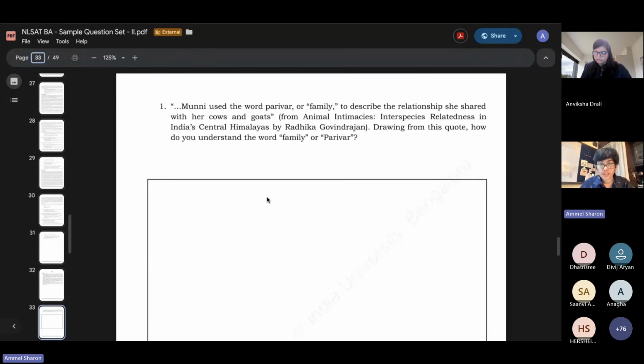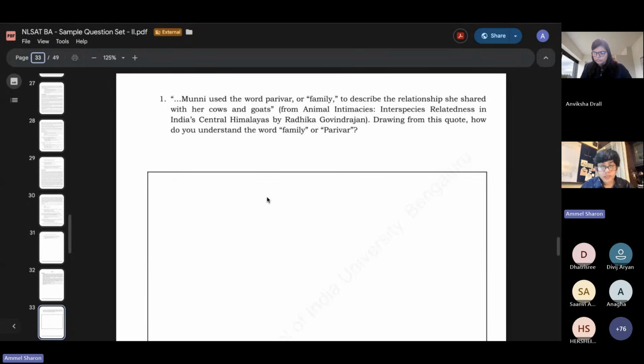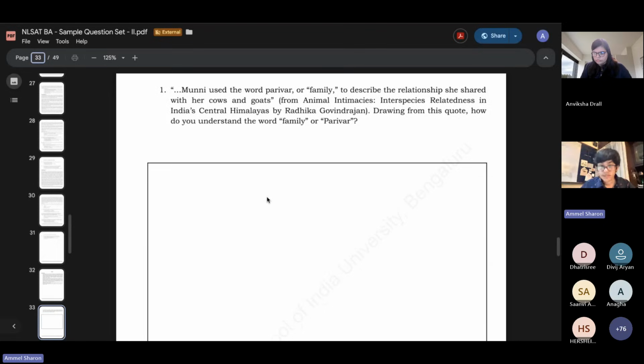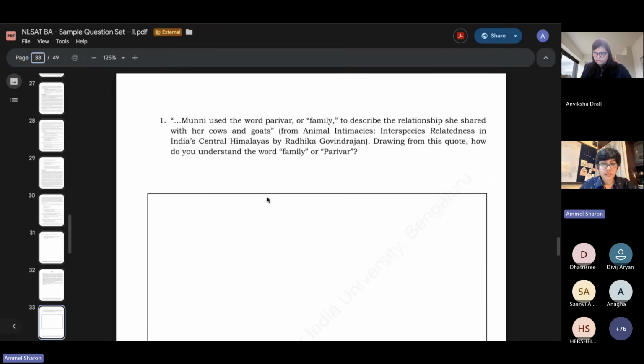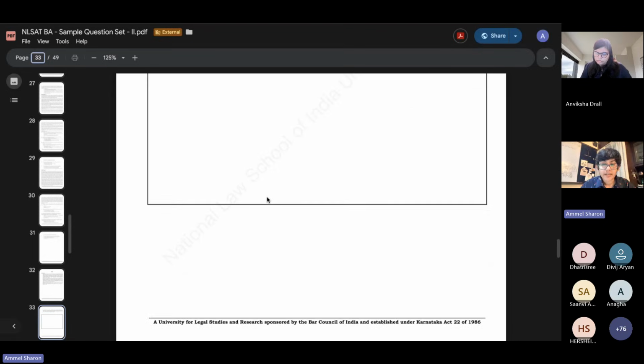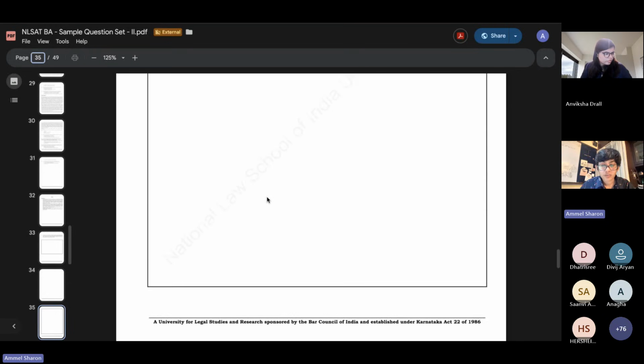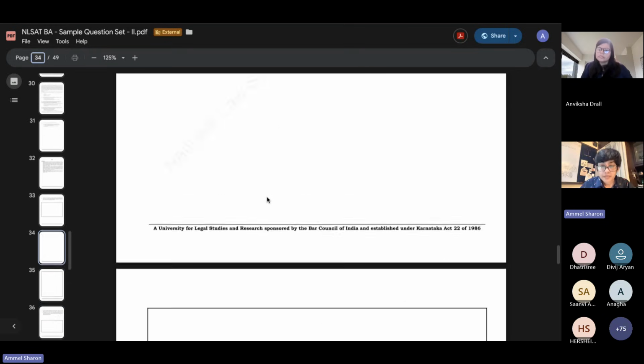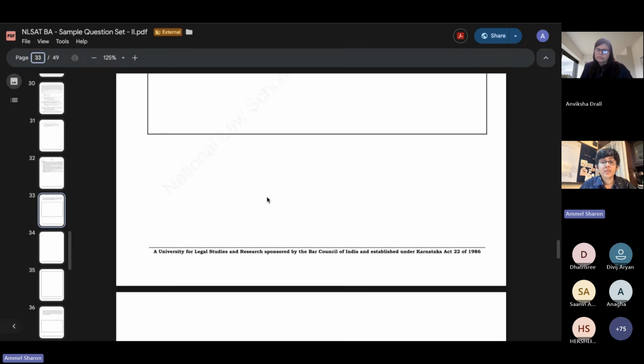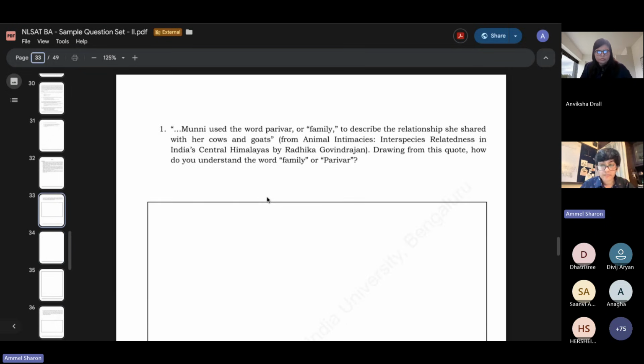So in the short answers, you will be provided space to write your answer. You see there's a short question, and then you have a little bit of space to write your answer. This means that you will not be given any extra pages.